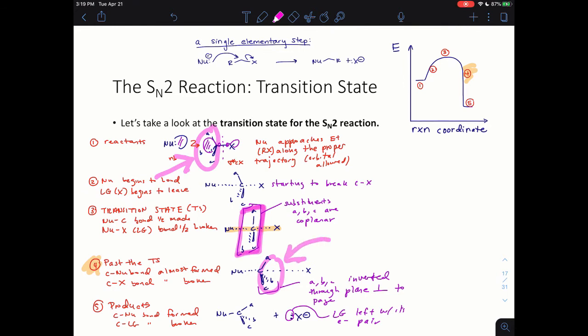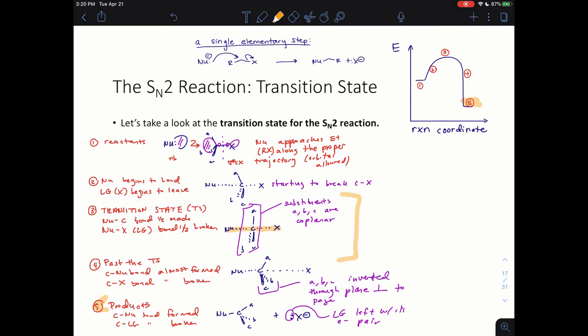So they've inverted upward like an umbrella in the wind, and when they've done that, the stereochemistry of that chiral center has changed. It started out, for example, R, and when you switch everything over here, it's now S, okay? So that's the key to why the stereochemistry, by the time you get to the products, species 5, has inverted. Because of this transition state.